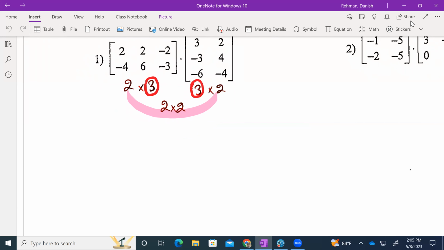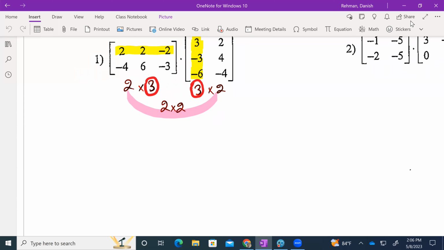So let's do that. How will I multiply? I will use the colors to mention this. I will take the full first row from the first matrix, and I will multiply that with the first full column of the second matrix. And all this product will give me the first element of the resulting matrix.